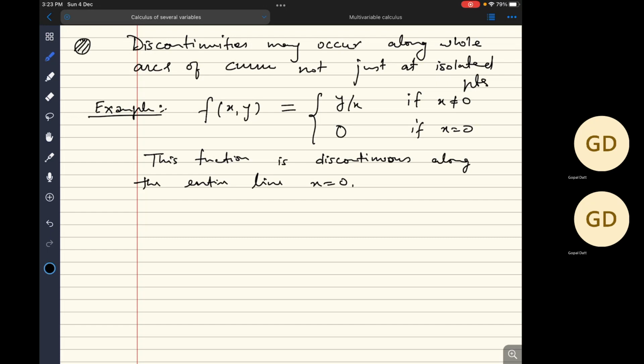So this was R2, and this whole line was, so at each point of this line f was not continuous.